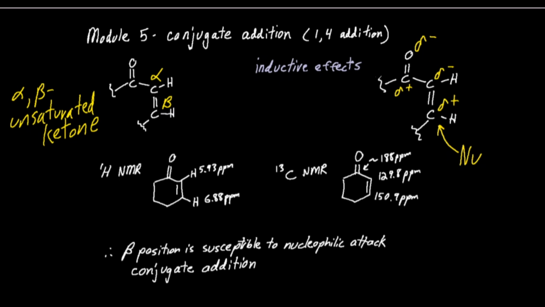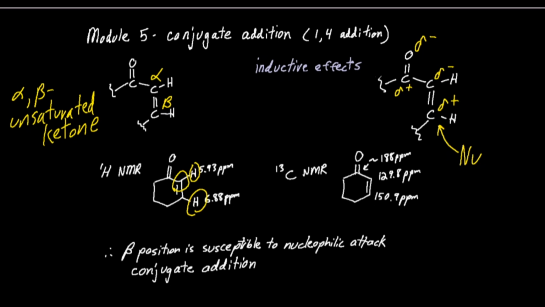Even in NMR we can see effects like this, where the further proton, the beta proton, is more deshielded than the alpha proton at 5.93. Remember that shielding is due to electrons, and so if the alpha position is delta minus, it has more electron density around it and is therefore more shielded at that position, while the beta position is less shielded.